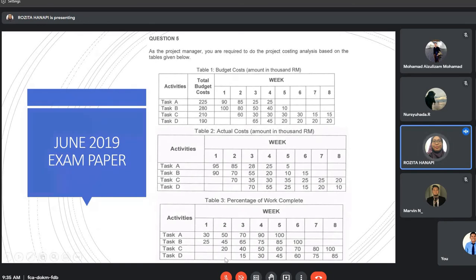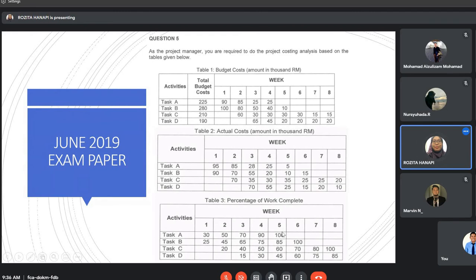Okay. Minggu pertama, ni dengar betul-betul. Minggu pertama 30% siap. Minggu kedua 50% siap. Minggu ketiga 70%. Minggu keempat 90%. Minggu kelima 100%. Okay, so minggu keenam pun 100%. Minggu ketujuh pun 100%. Minggu ke-8 pun 100%.